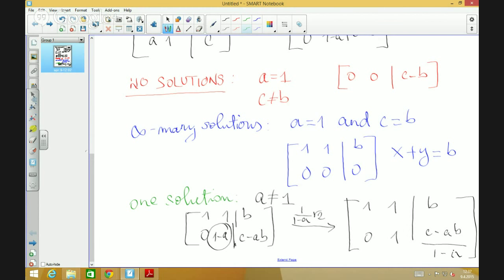Now this immediately tells us what the value of Y is. The value of Y is exactly this thing. And it's only one possible value, this one. Well, once we know the only possible value of Y, there is only one possible value of X, the one that we get by substituting the value of Y into the equation X plus Y equals B. So both the value of Y is unique, the value of X is unique.